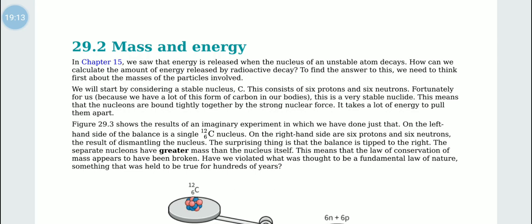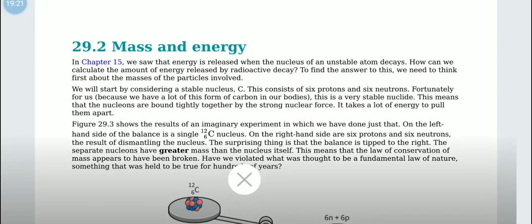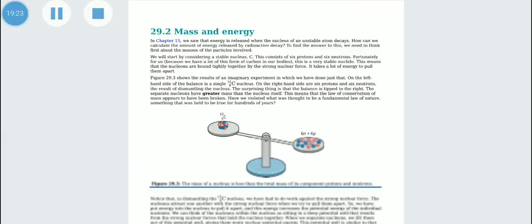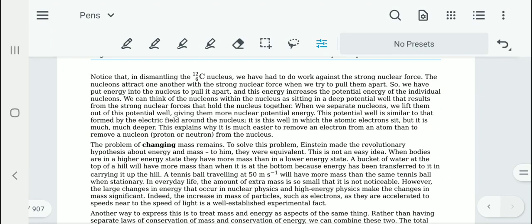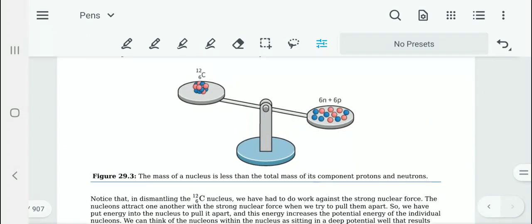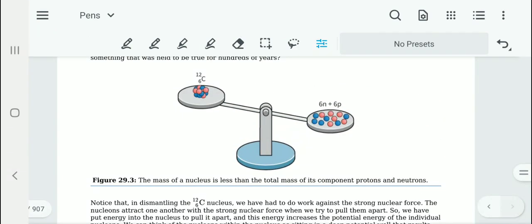This energy released has a direct relationship with the mass of the nucleus as well as the individual particles that make up the nucleus.